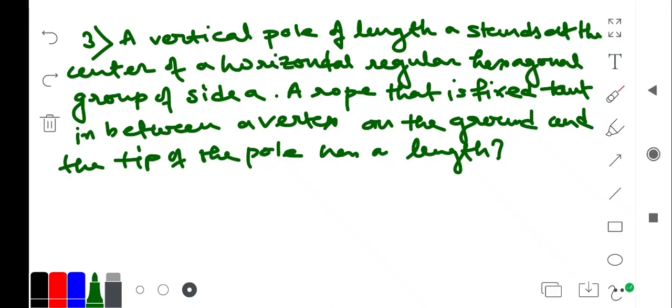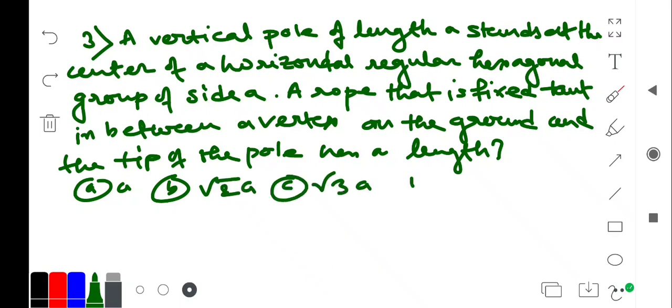Option A is A, option B is root 2A, option C is root 3A, option D is root 6A.